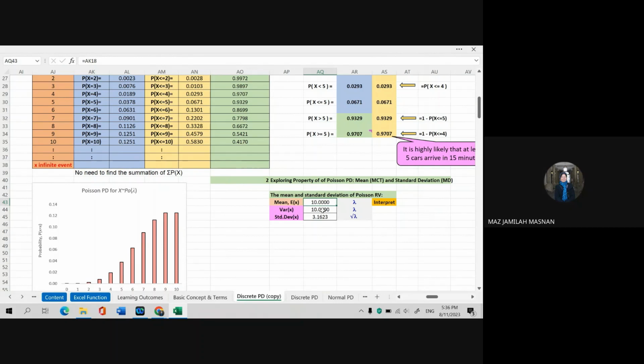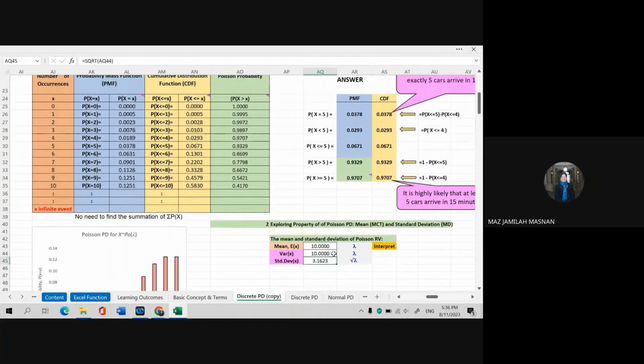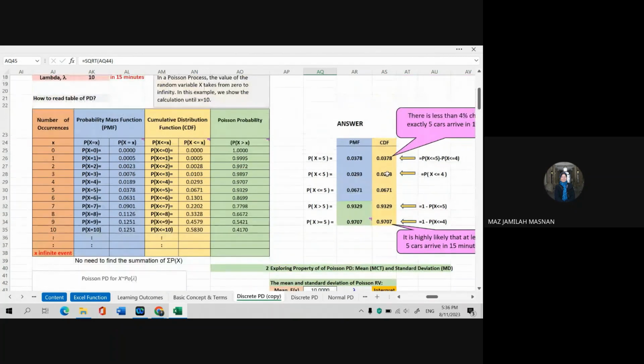The variance also takes the lambda value, equal to 10, and the standard deviation is the square root of lambda, which is 3.1623. So this is how you can interpret in terms of the value as well as the probability.